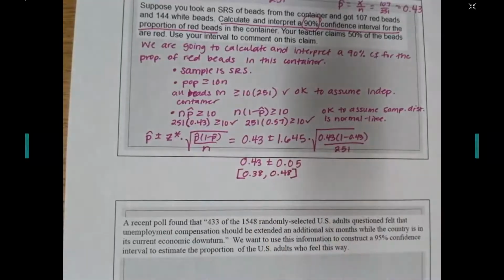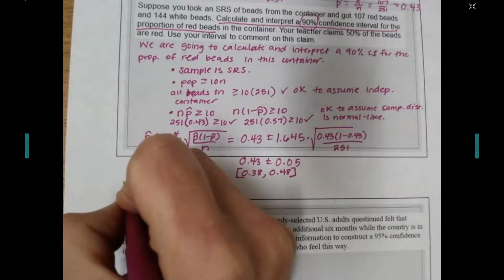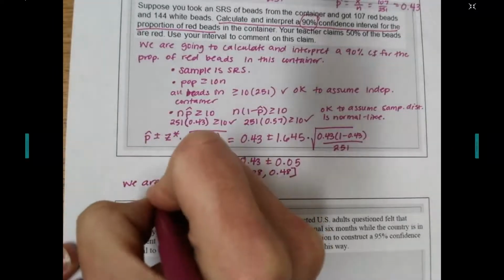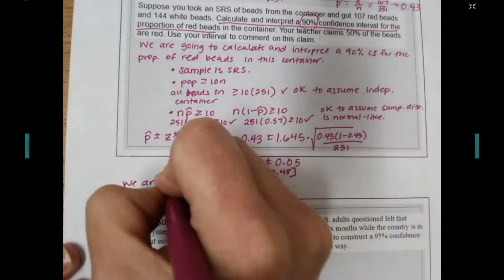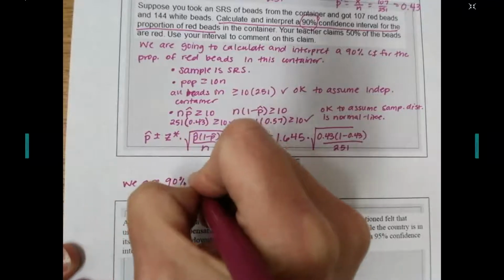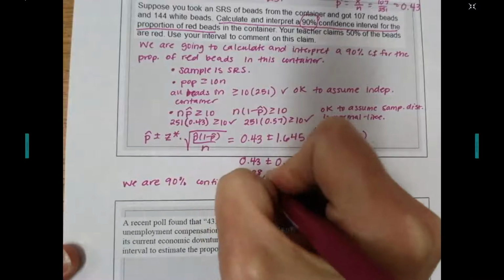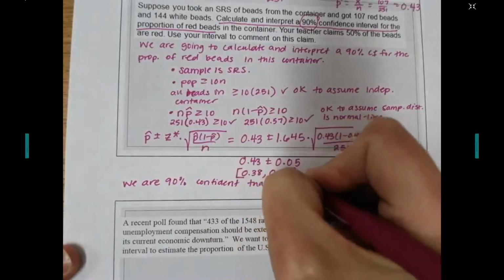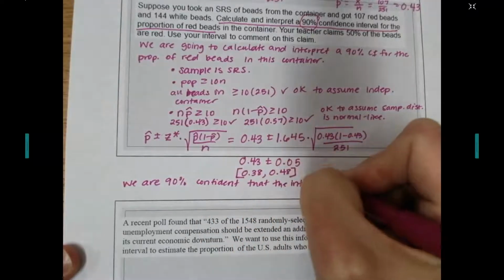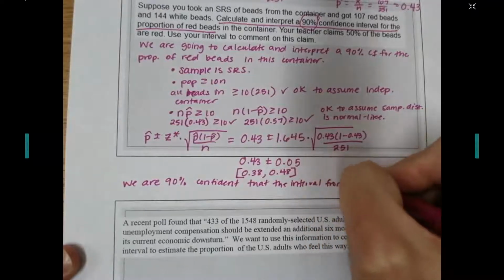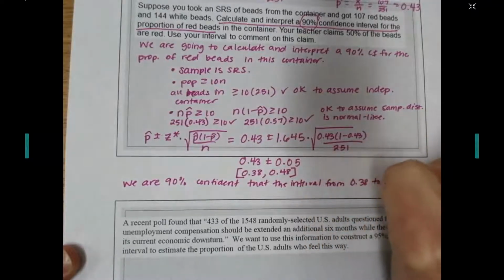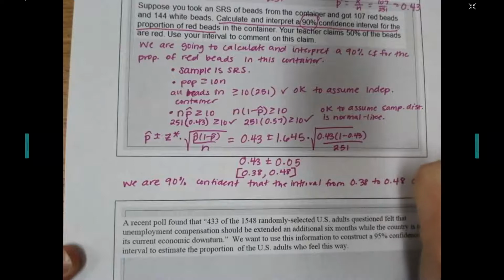And so all I have left to do now is to interpret. So we are 90% confident that the interval from 0.38 to 0.48 captured, what was it we were trying to capture?